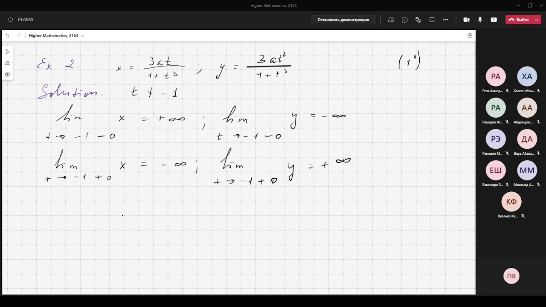Further note that when t is 0, x is 0, y is 0.